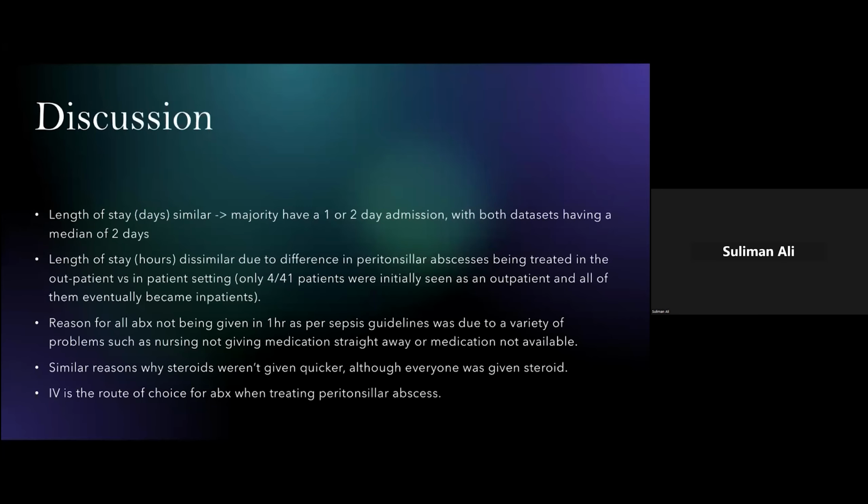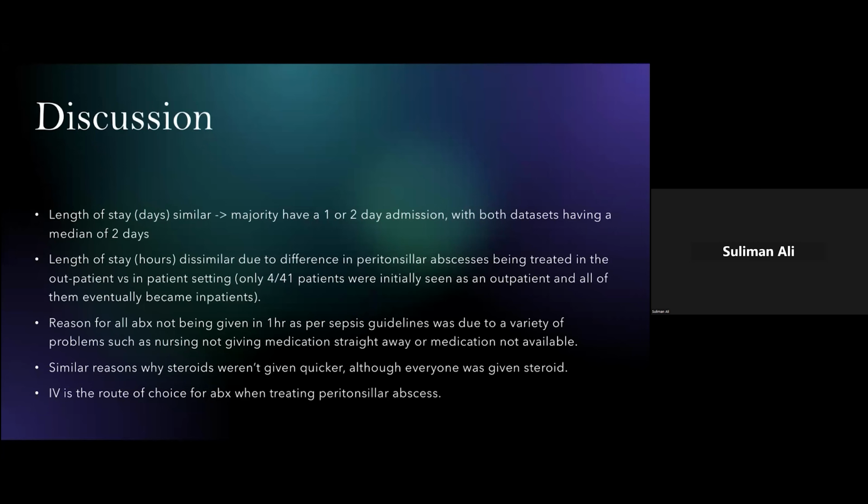Okay, so now I'm going to explain why the results showed what they did in my trust compared to the national data. If we tackle each outcome at a time, the admission length was similar, with both data sets having mostly 2 days of admission.